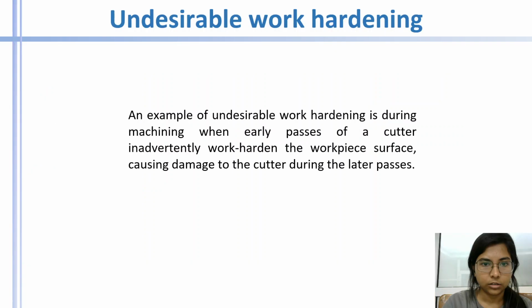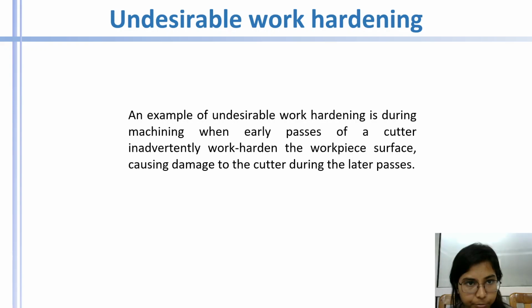Work hardening is another term for strain hardening. Sometimes it is desirable, and sometimes it is undesirable. Here we will see just one example of when it is undesirable. An example of undesirable work hardening is during machining, when the early passes of a cutter inadvertently work harden the workpiece surface.